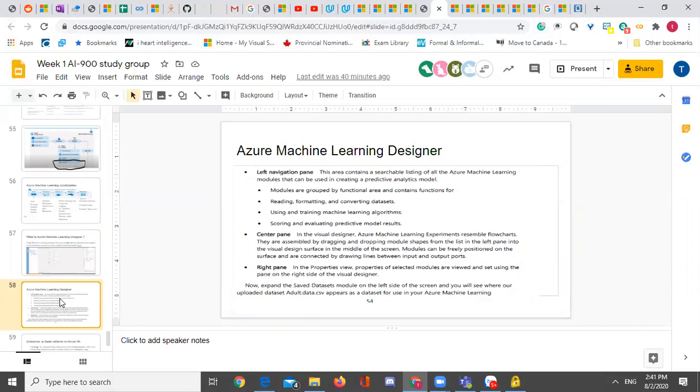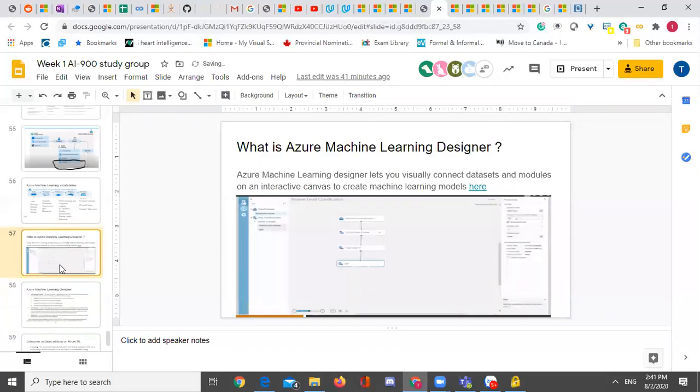The center is where you have the drag and drop action, and the right is for the properties of the selected module. All right, please remember this because this will be in the exam.